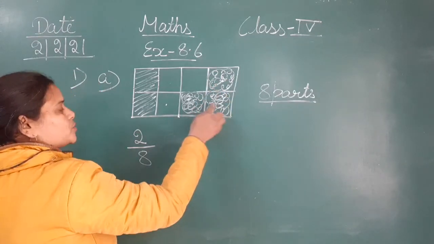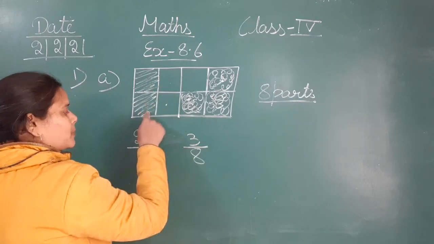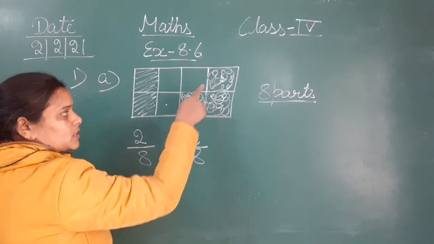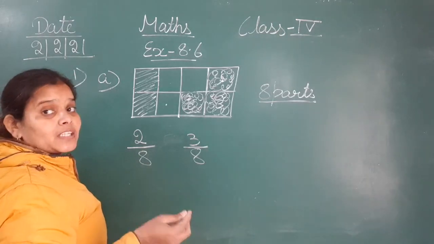With the first pattern only 2 parts are shaded out of 8 and in the second pattern only 3 parts are shaded. We have to add the shaded part only.